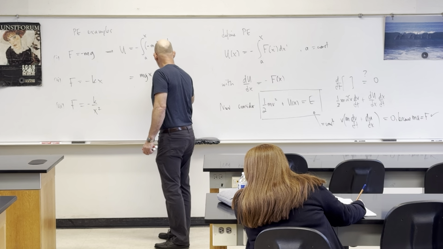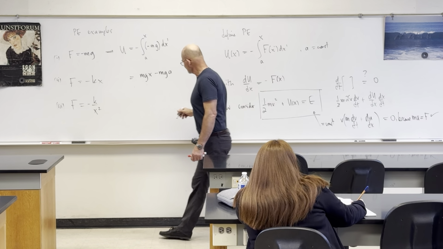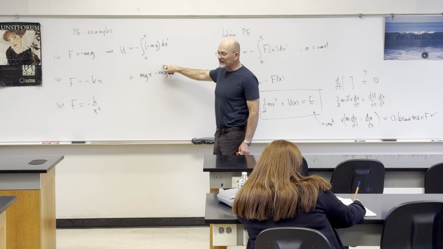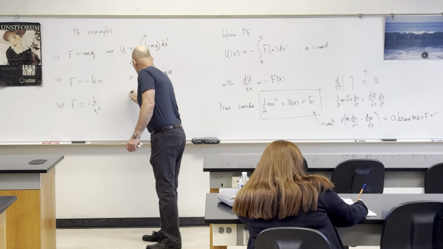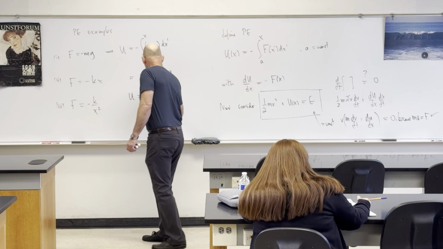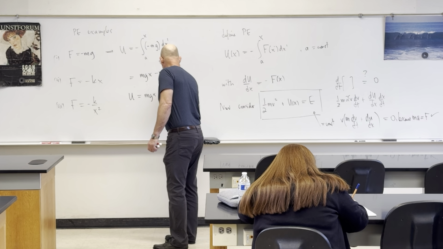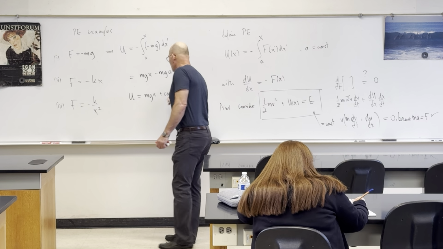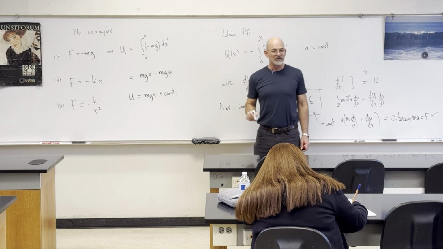We get mgx minus mga. This, of course, is just a constant, and you guys are familiar with this. U equals mgx plus some arbitrary constant. That's the potential energy for free fall.